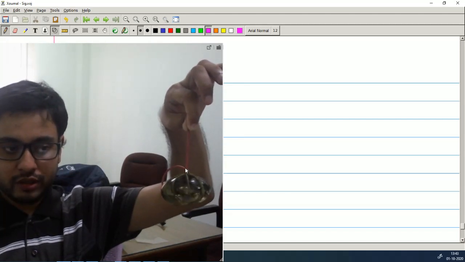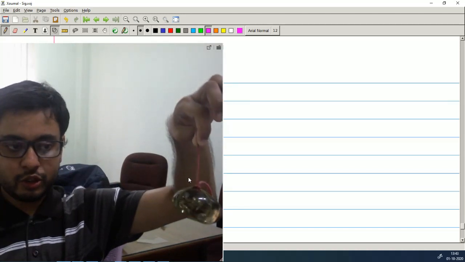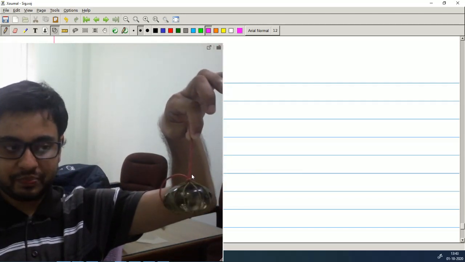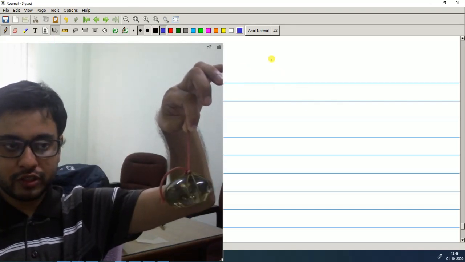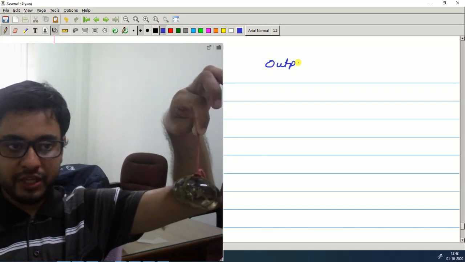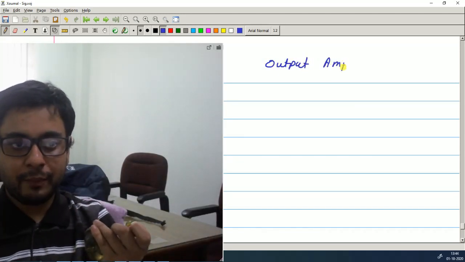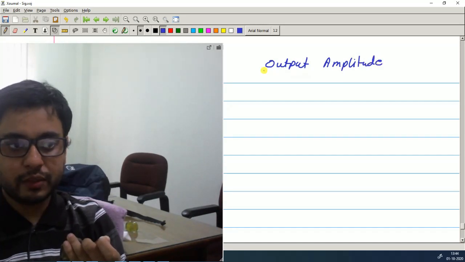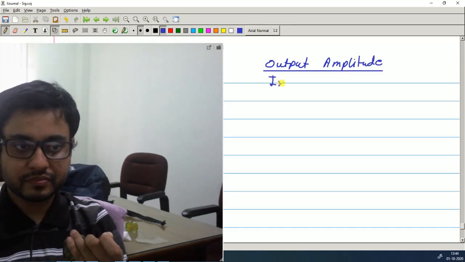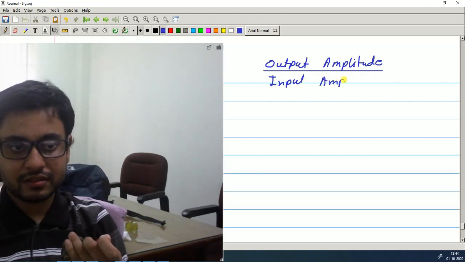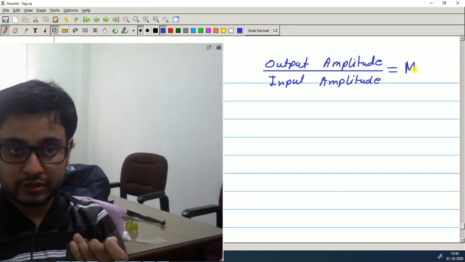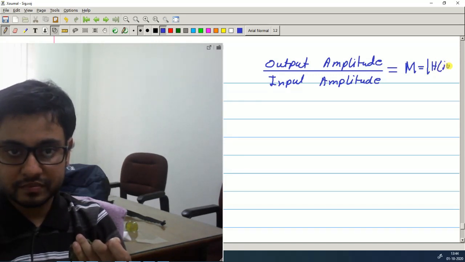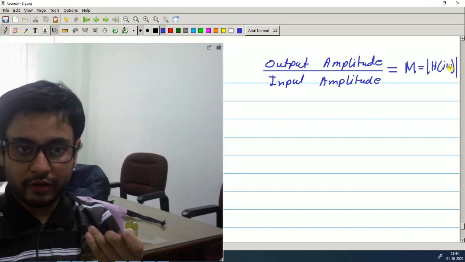For example, now the amplitude is from here to here, and then you have to calculate the ratio of output amplitude divided by input amplitude. That will be the magnitude m, or mod H of j omega, for some frequency omega.